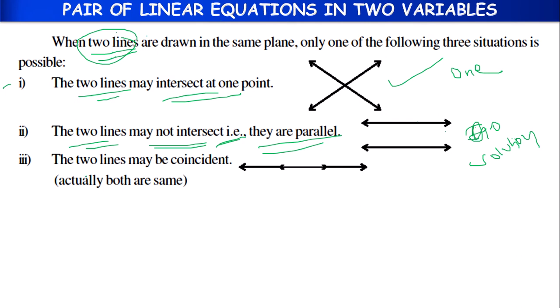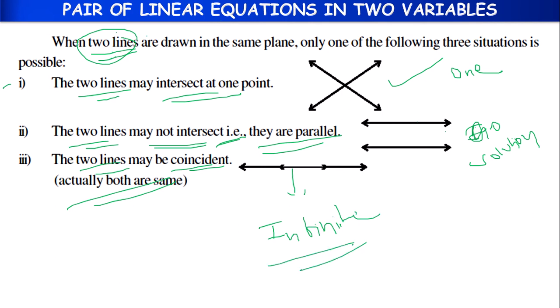Next, the two lines may be coincident, meaning the two lines lie on one another, and both are actually the same. Then they will have infinite solutions.